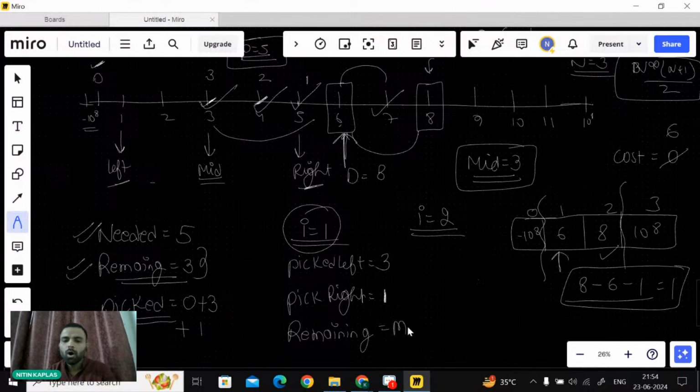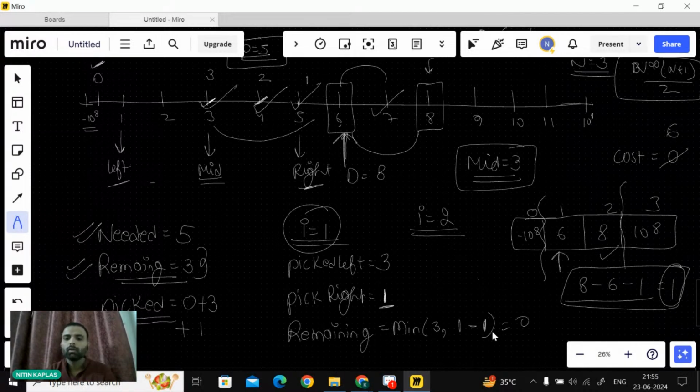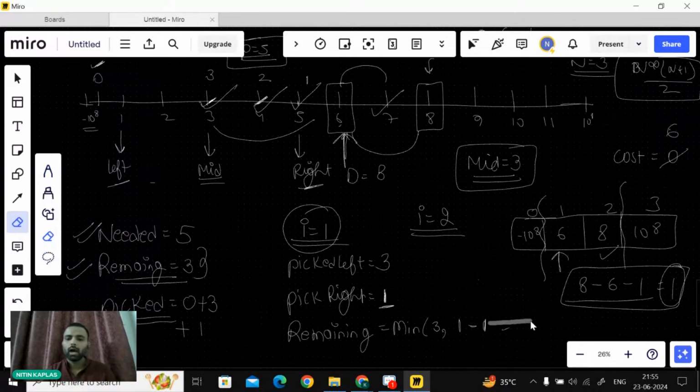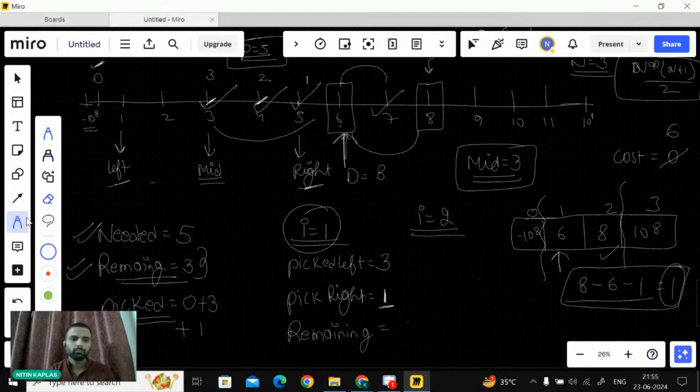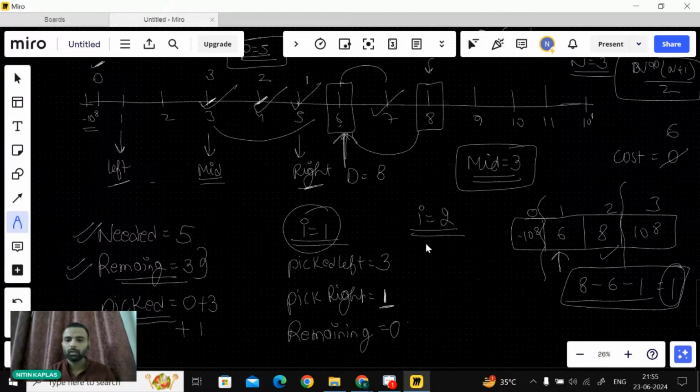So the minimum of mid, which is 3, and the distance, meaning how many plots are in between, which is 1, minus how many right picks, meaning this one picked, which is already bought and stored as 1. So let's subtract. What is the minimum between these two values? Which is 0. It means when you are reaching i equal to 2, you have 0 remaining. So here we write remaining will be 0.